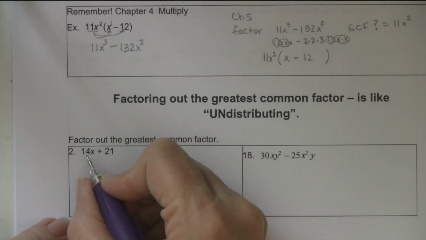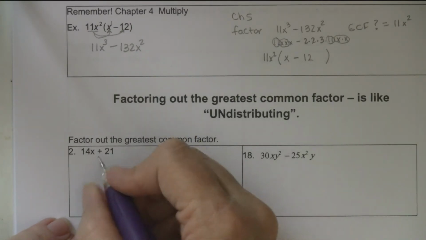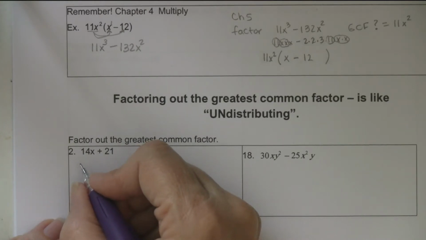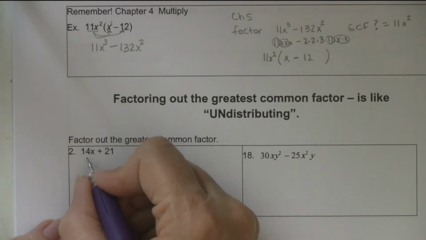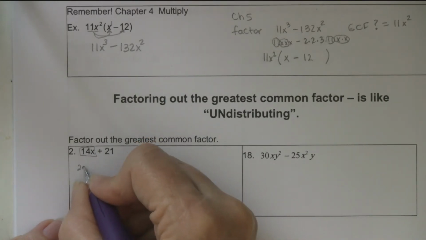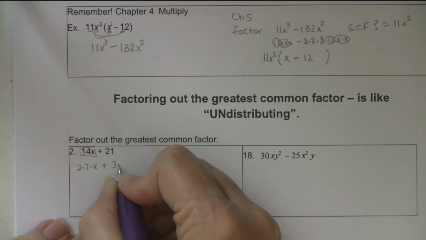So I'm asking myself, what do these have in common? And multiple ways of doing it. So this is for people having their training wheels on, like when you're riding a bicycle, you have your training wheels on, you factor the pieces. So 14x is 2 times 7 times x, and 21 is 3 times 7.